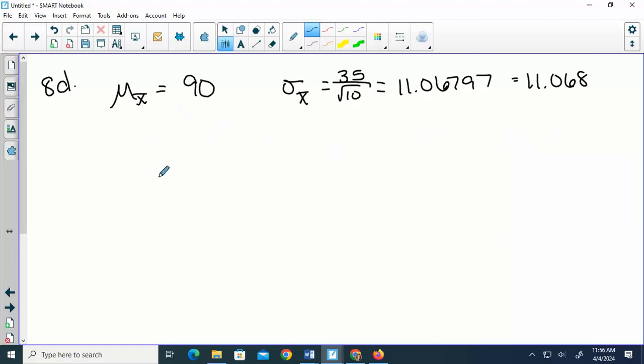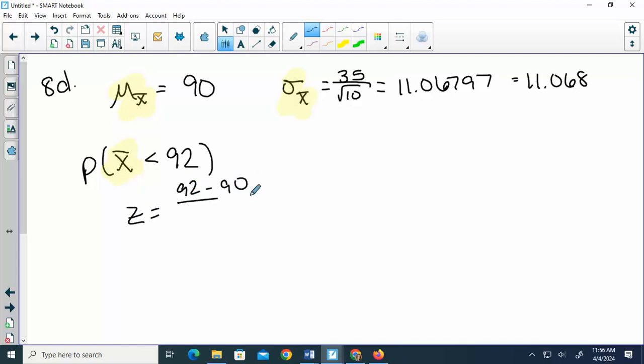So then on part D, we are finding the probability that the sample mean, so sample is x bar, is less than 92. We need a z. Since this is x bar, we need to use the mean and standard deviation for x bar, not the original. So z is our value minus our mean divided by the standard deviation.